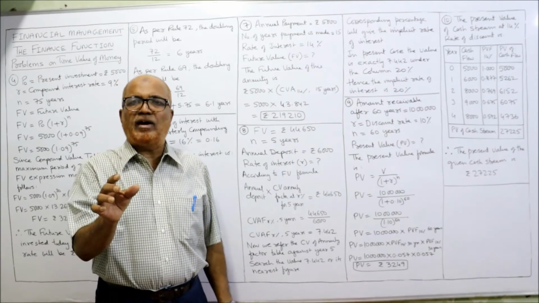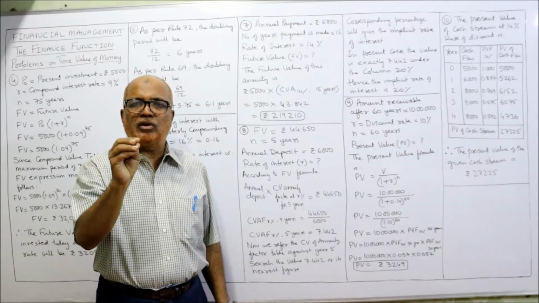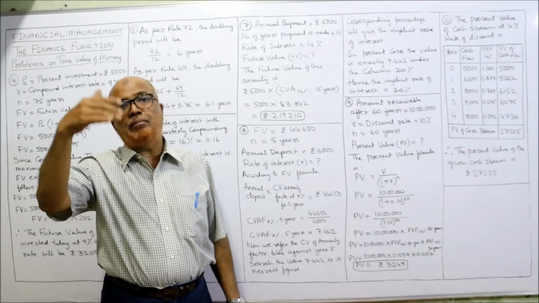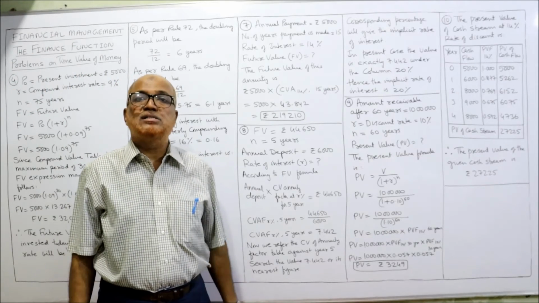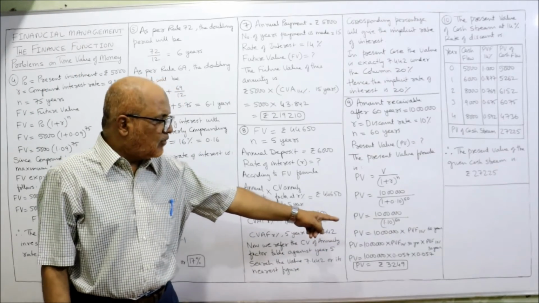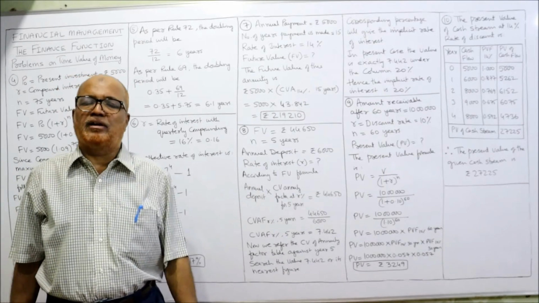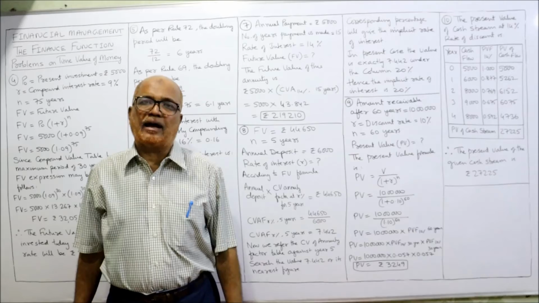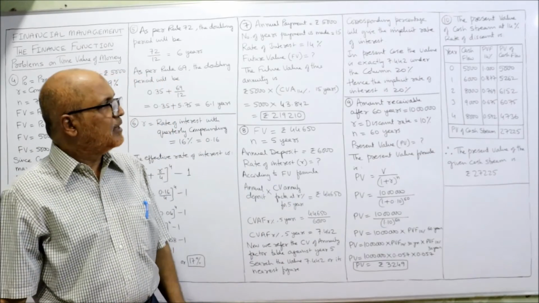The present value is only 3,249. Whereas this 3,249 will become 10 lakh rupees after 60 years at a 10% rate of interest. At a 10% discounting rate, it will be 10 lakh after 60 years.